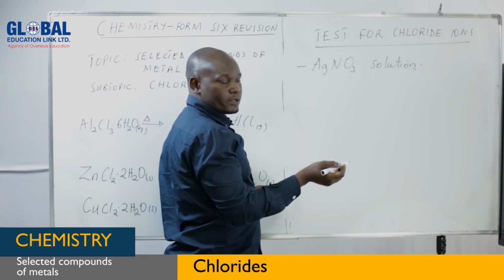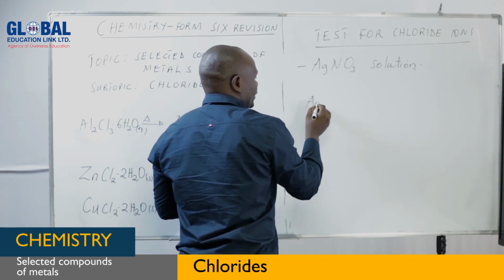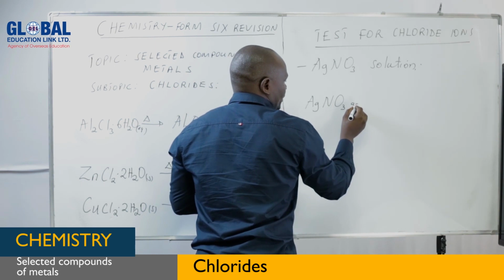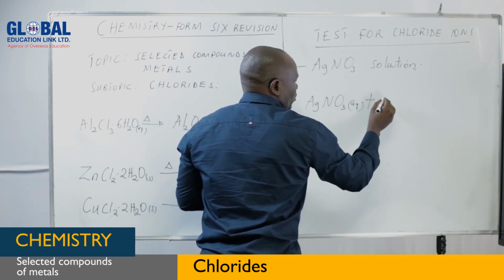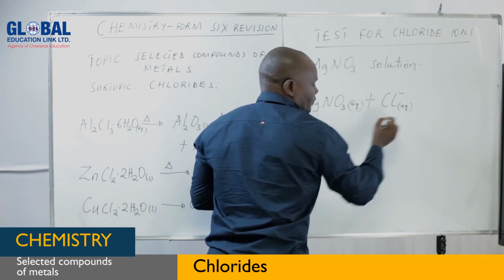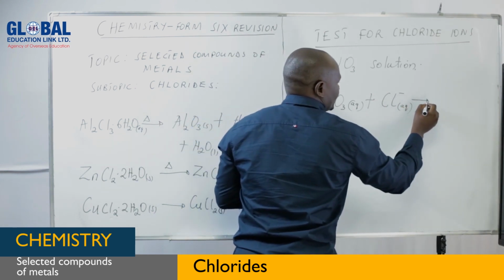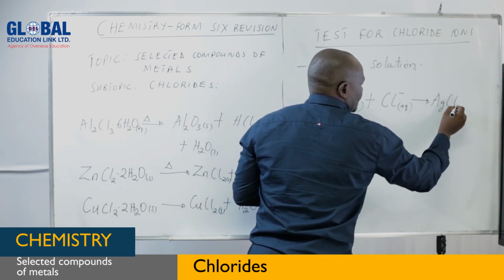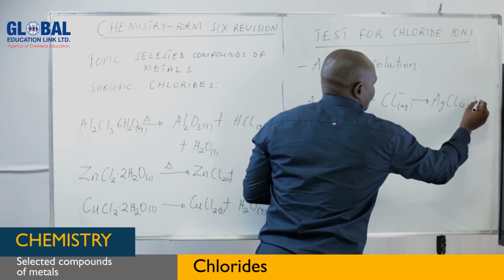And here, let us consider the reaction behind it. If silver nitrate is mixed with a solution containing chloride ions, then the resulting product is the formation of a white precipitate of silver chloride.